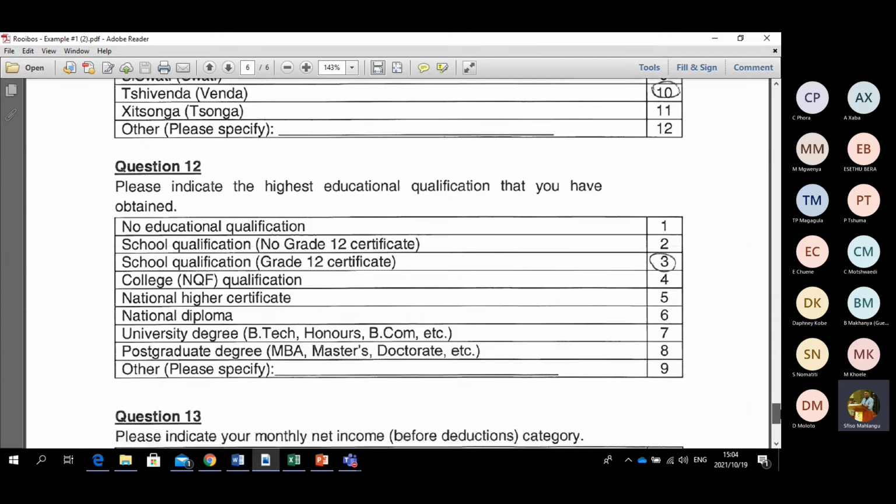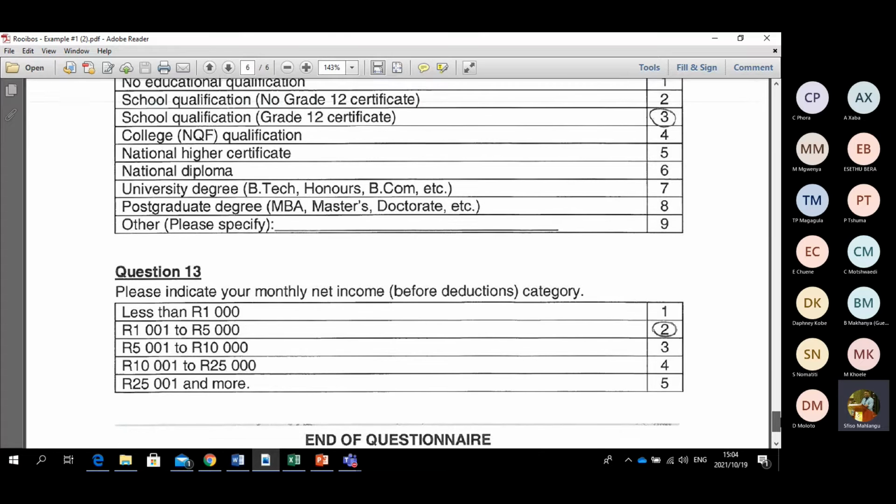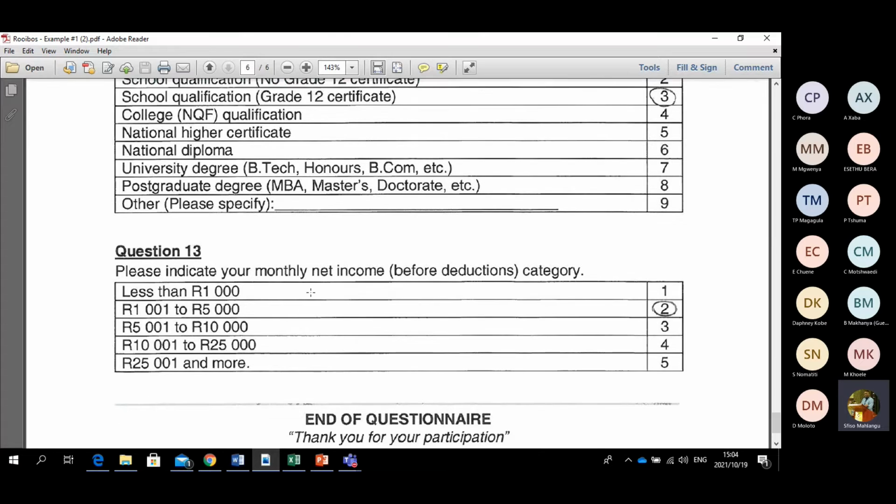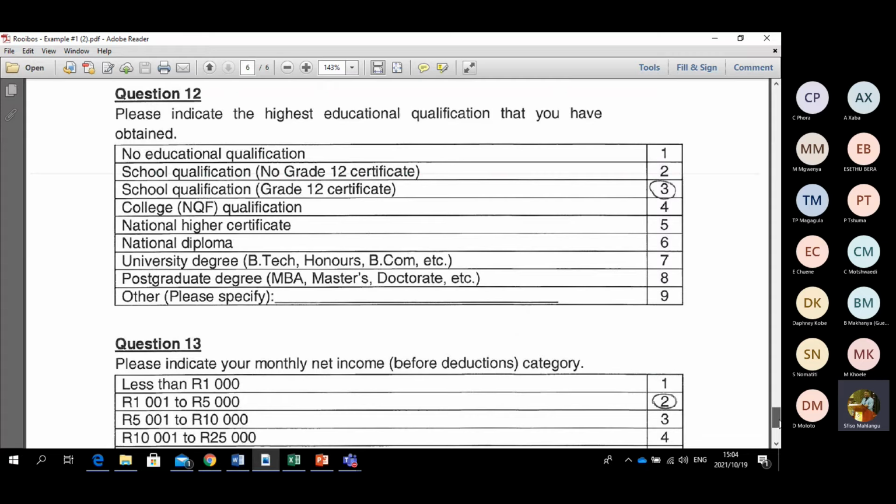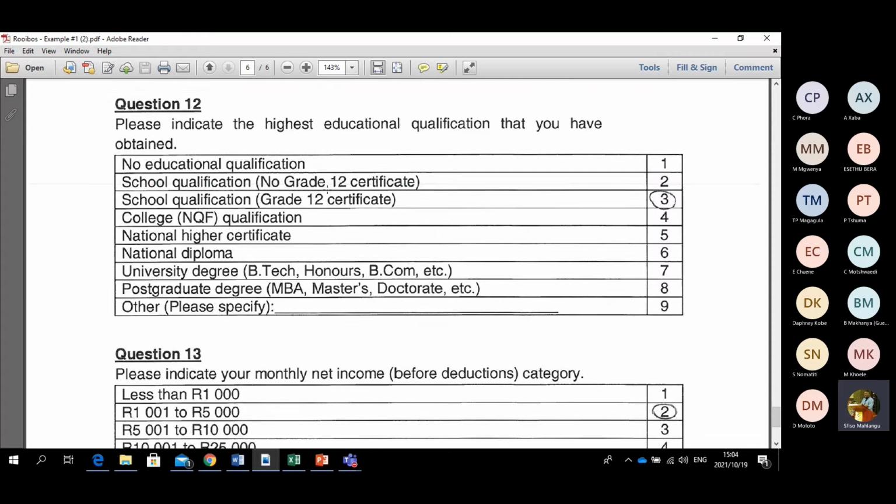It could be something as simple as income, whereby we said, please indicate your monthly income. And then let's say the respondent here left it completely out. They did not answer this question. Looking at the previous question here, it's about education qualification. You will see that it goes from no educational qualification to some sort of higher education, such as your doctorate and so on.